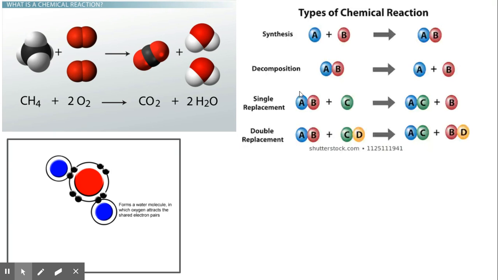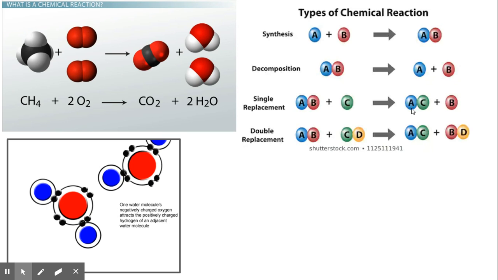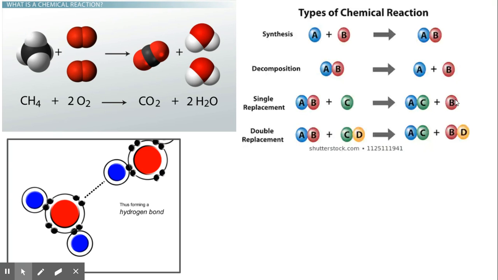There's also what we call the single replacement reaction. I usually compare this to A and B being on a date, and C is at the same place but by themselves. When all is said and done, A and B break up and A and C get together, and then B goes home alone. That's called a single replacement.